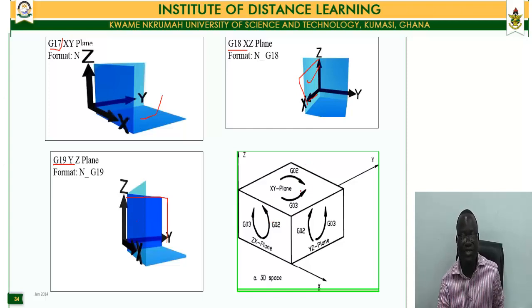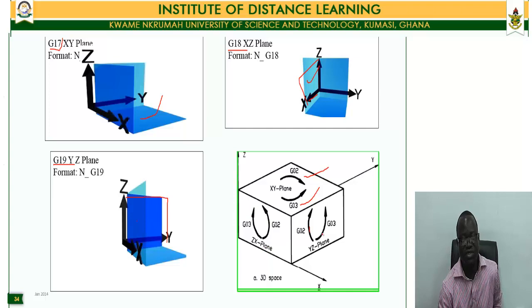However, in the ZX plane, G03 acts as the clockwise circular feed and G02 is the counterclockwise.